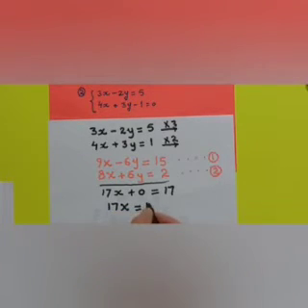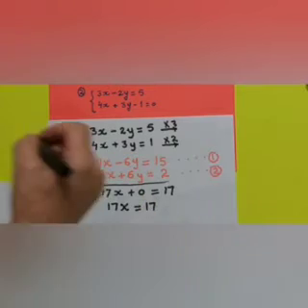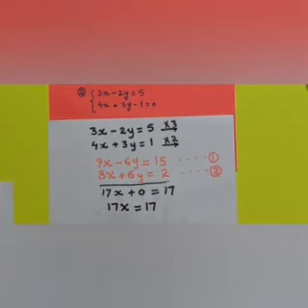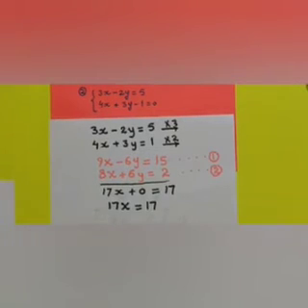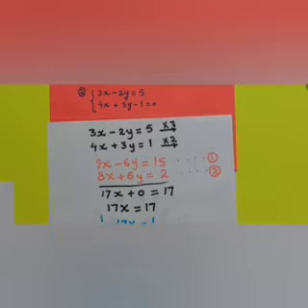Now we have to cancel the number 17 in front of x by multiplying by the inverse of 17. What's the inverse of 17? It is 1 over 17, times 17. Or in other words, we just divide both sides by 17.